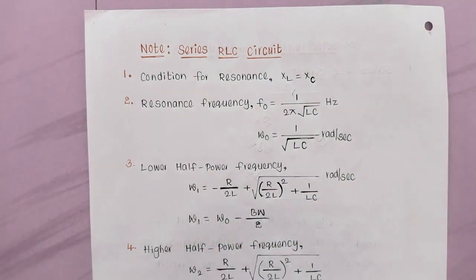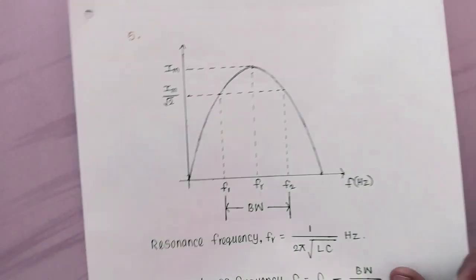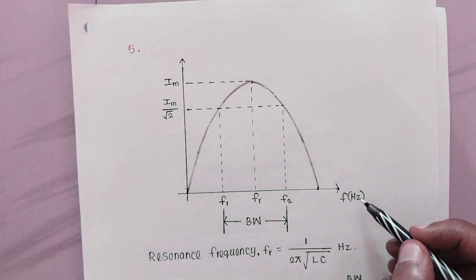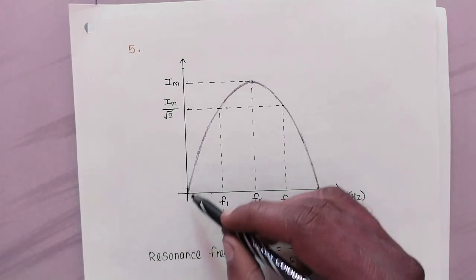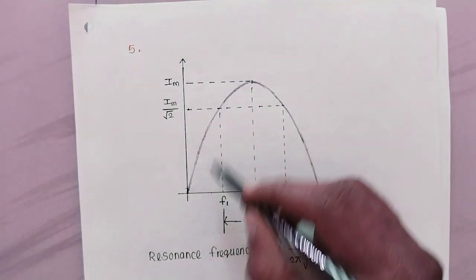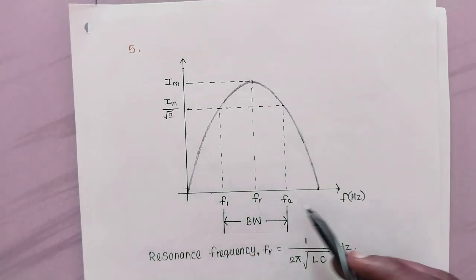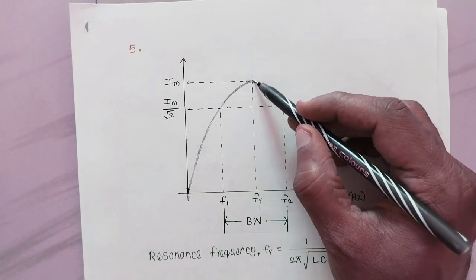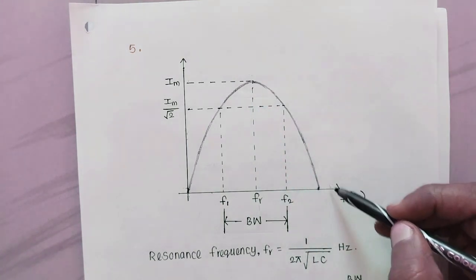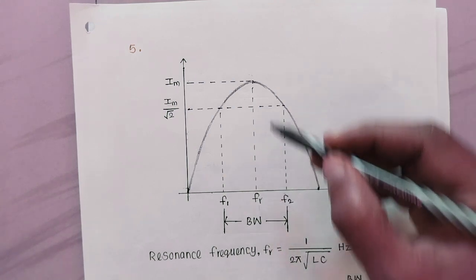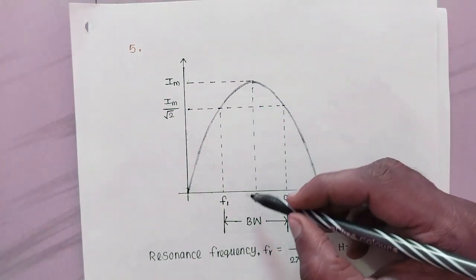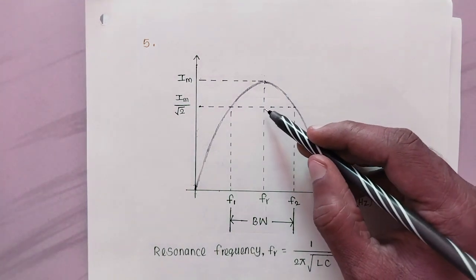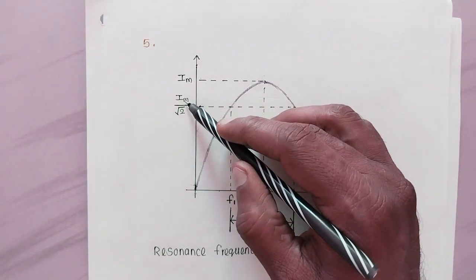So under series resonance, if we draw the diagram of current in the circuit against frequency, the current curve looks like this. As you go on increasing the frequency, current in the RLC circuit increases and goes to the maximum, and again it decreases. At which frequency the current in the circuit is maximum, that frequency is said to be the resonance frequency, and 1 by root 2 times the maximum current.